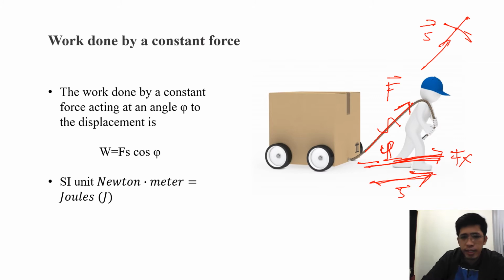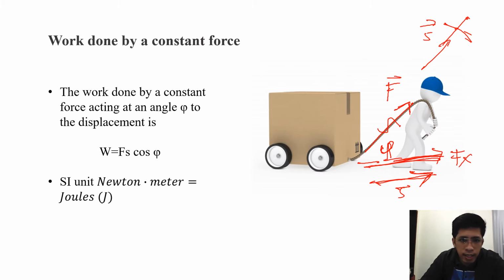You can use theta, alpha, beta, any angle you want to name the angle between your force and your displacement. And the SI unit for work is the Newton-meter, which is equal to the joule, in honor of James Prescott Joule, the man on our first slide.